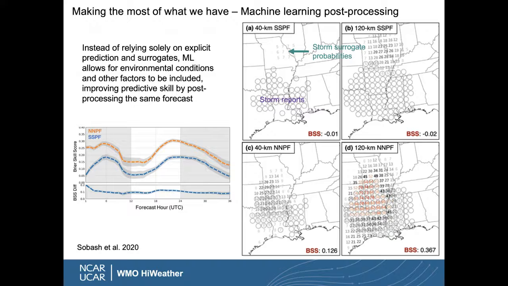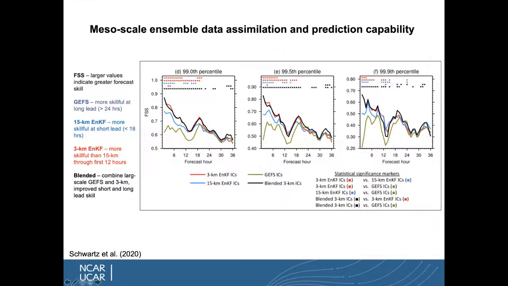So if we now try to look at what we can do if we go to shorter timescale predictability, this is an example where we're looking at predictive skill when we use an hourly updating ensemble data assimilation system and prediction capability. So again, higher values are better. The predictive skill shown by the blue lines is from a mesoscale analysis system, so 15-kilometer analysis, and then making forecasts from that.